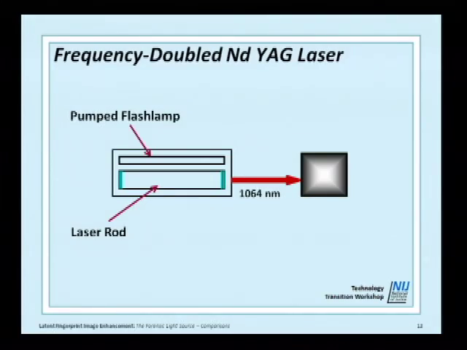So if you double the frequency, you cut the wavelength in half. So you put a frequency doubler on the front of that device, and that drops the wavelength from 1064 to 532. So this is the configuration of the YAG.